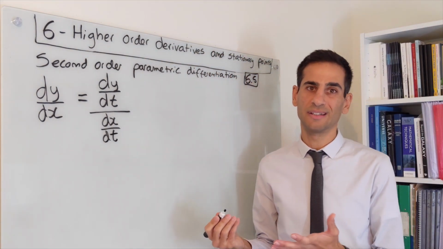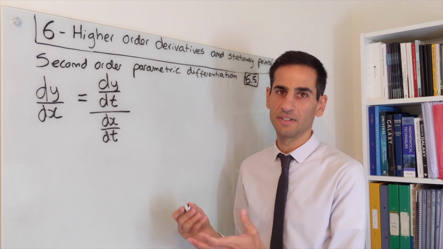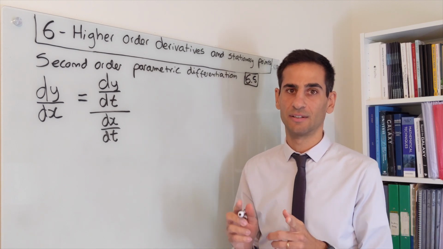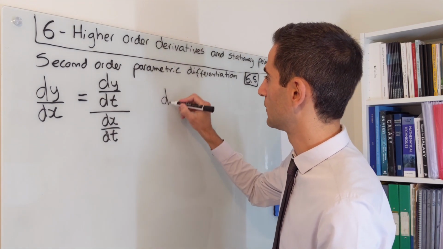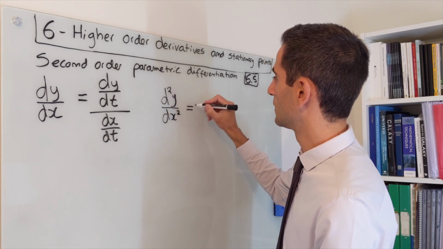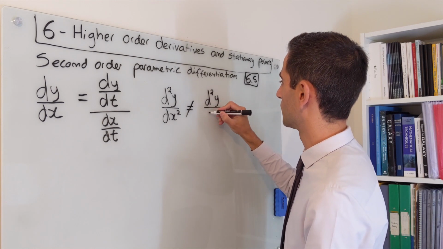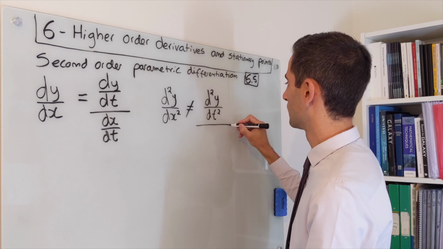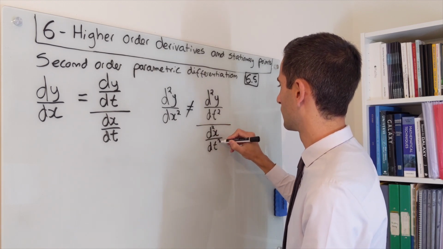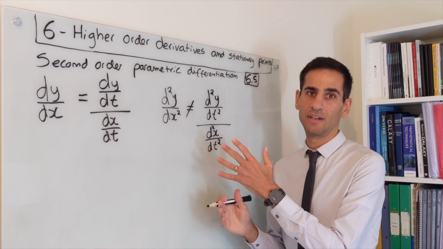If we want to calculate the second order derivative, you might be tempted to think that it would be just the ratio of the second order derivatives, but that is not the case. It means that if you want to calculate d²y/dx², this is not the same as just calculating the second order derivatives. You cannot do this. This is not correct.